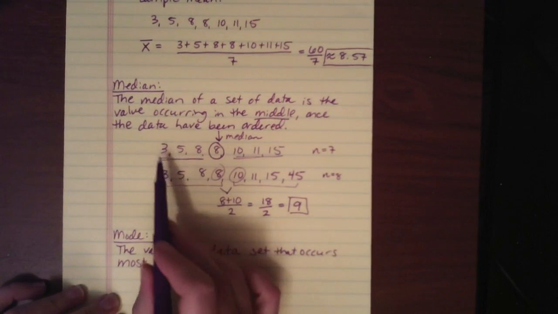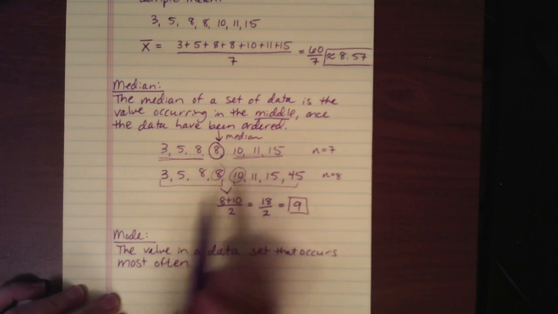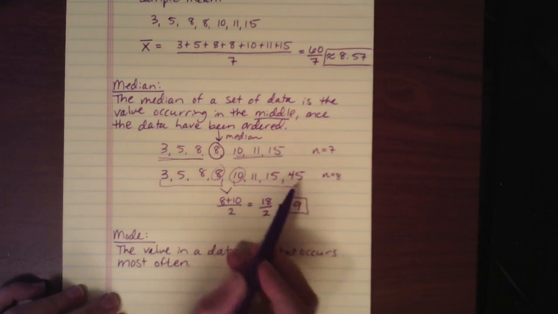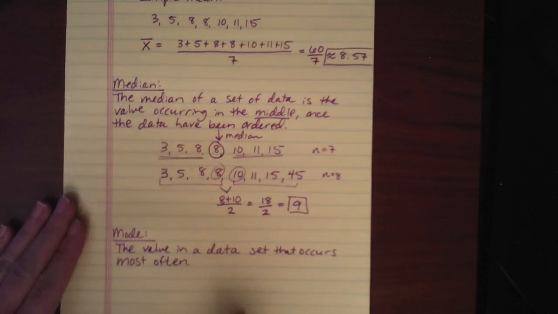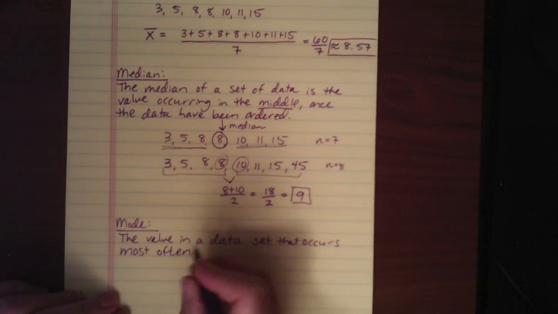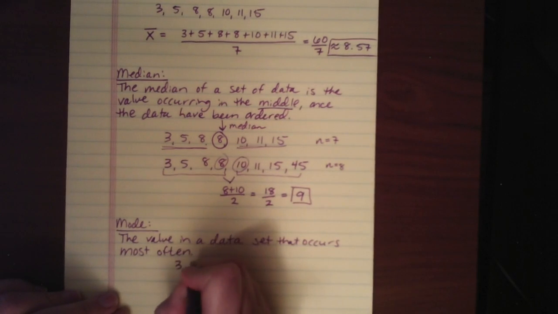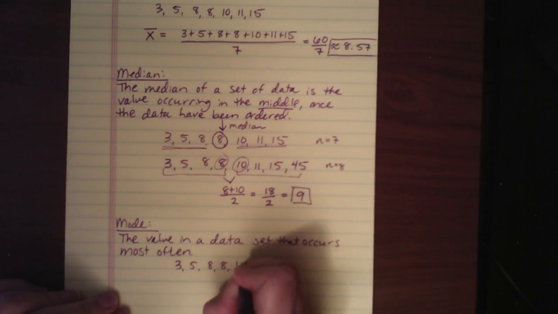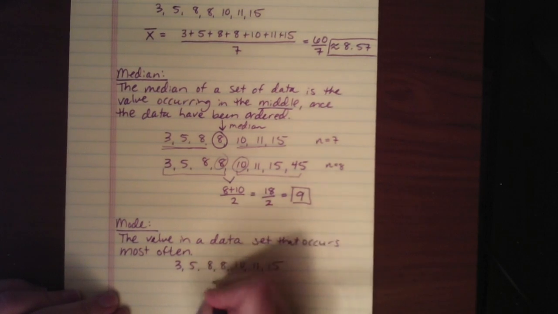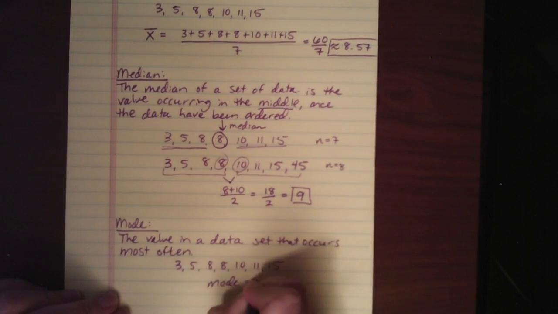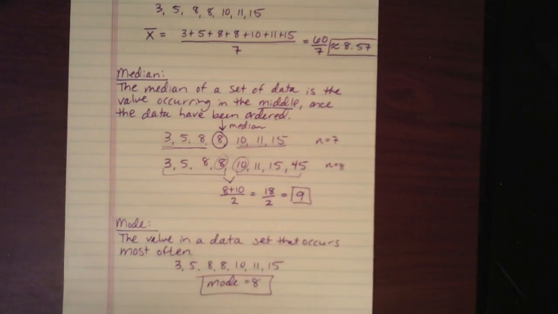Either one of these data sets, 3, 5, 8, 8, 10, 11, 15, or 3, 5, 8, 8, 10, 11, 15, 45. So the mode for that set of data would be an 8. Okay, because it is the value that occurs more often than any of the other pieces.